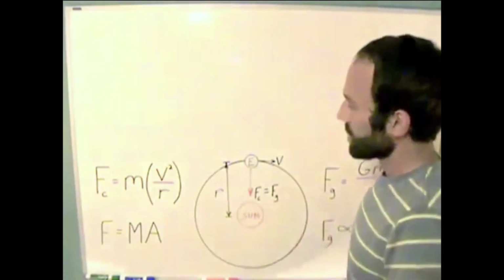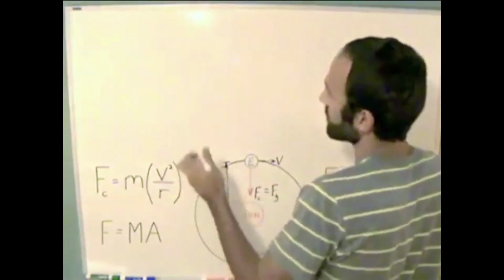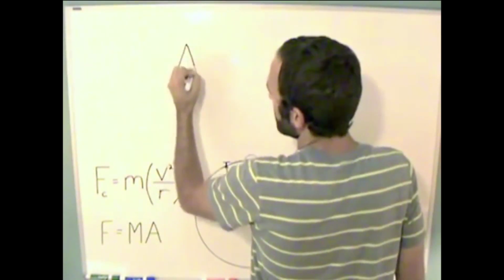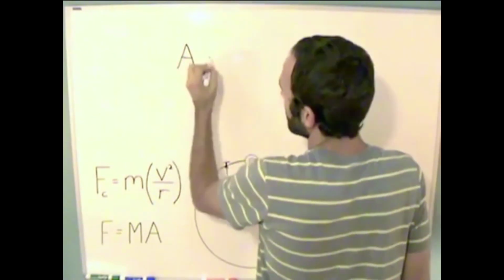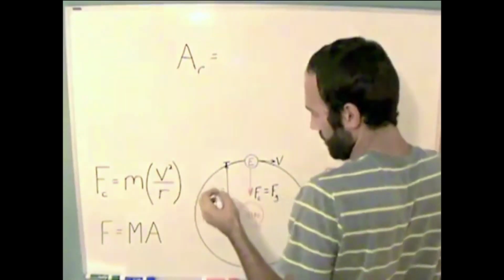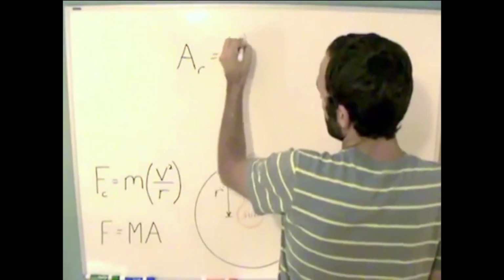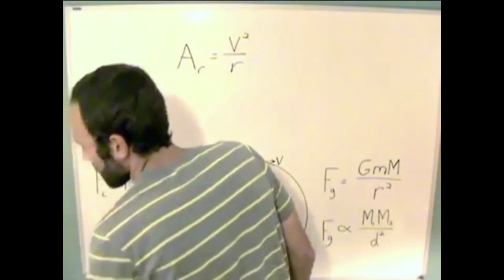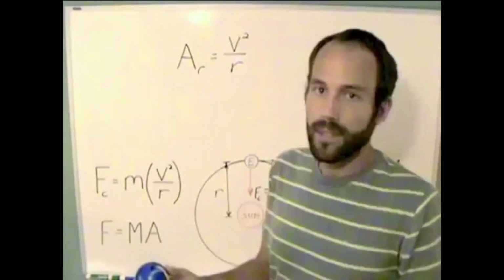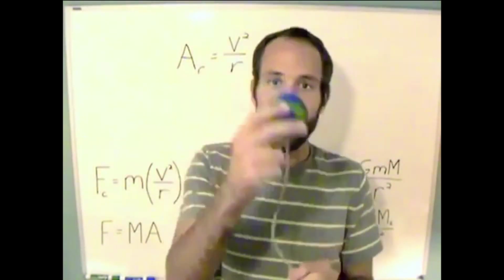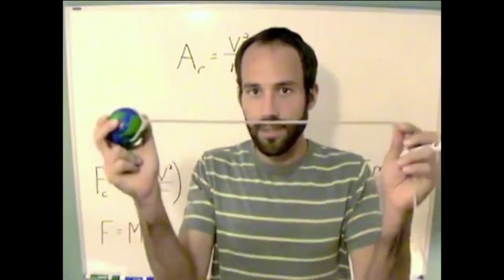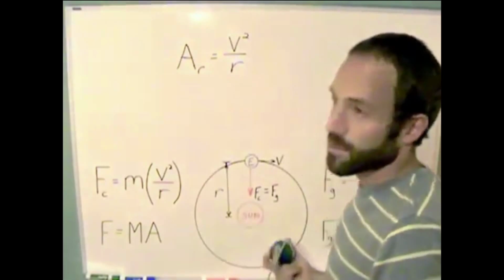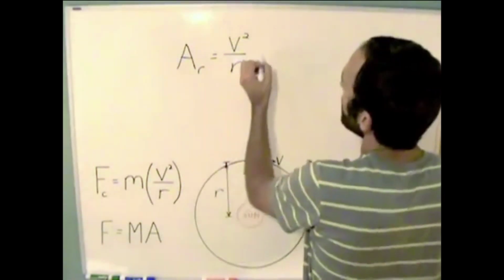Just to show how this works, angular acceleration, or centripetal acceleration, commonly called a_r, is equal to v squared over r. Let's say, just for a quick example, that when I'm spinning this, it's traveling at 1 meter per second, and the length of this string is 1/10 of a meter, just to keep it easy, which is 0.1 meters.